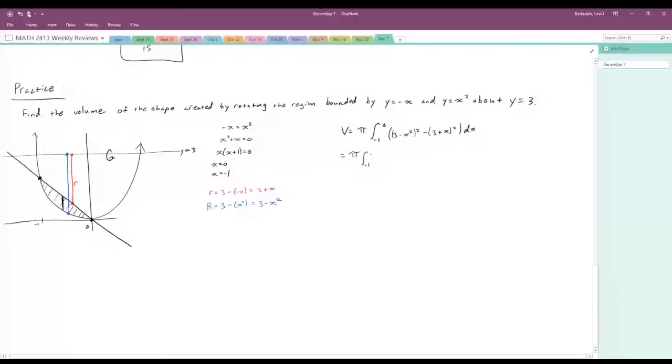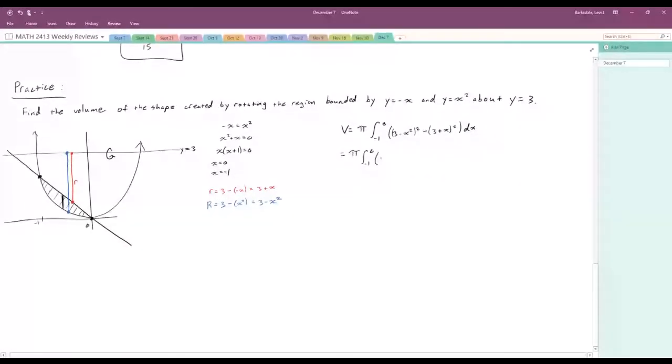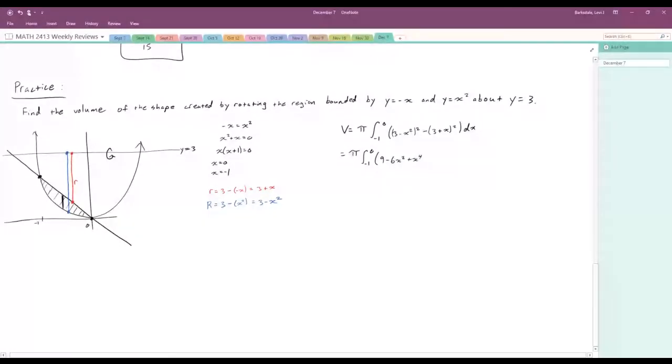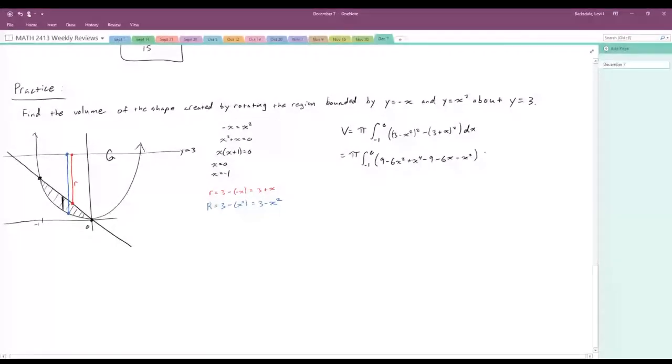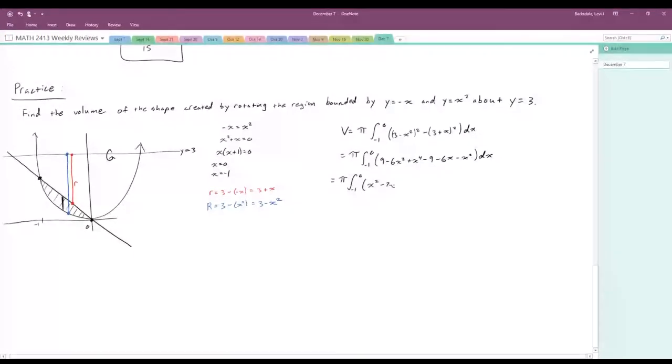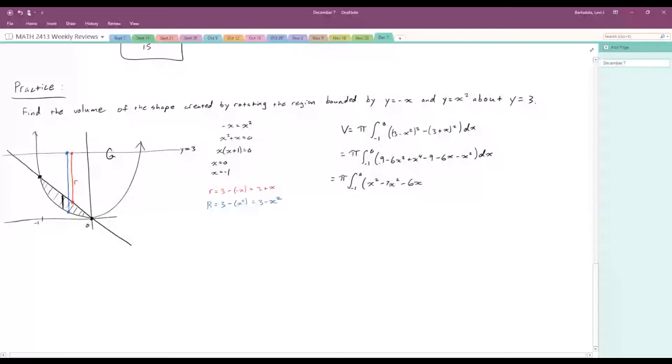First I'm going to distribute, so this gives me 9 minus 6x squared plus x to the 4th, minus, and here we have 3 squared is 9, minus 6x minus x squared. Now I'm going to order my terms like so. So I have x to the 4th, and I have minus 6x squared minus x squared, minus 7x squared. I have minus 6x, and I have 9 minus 9, which cancels.